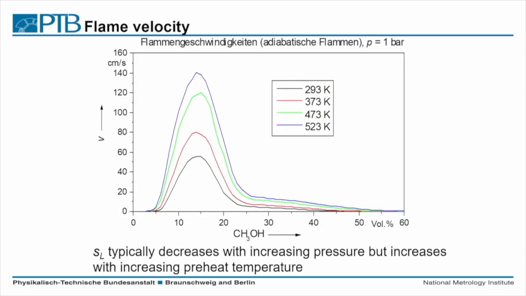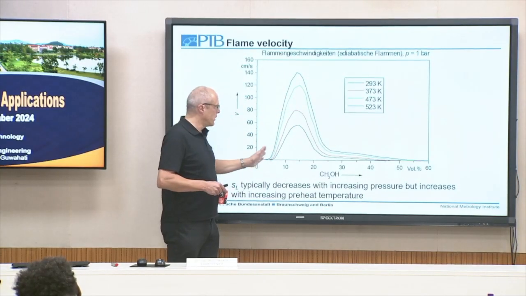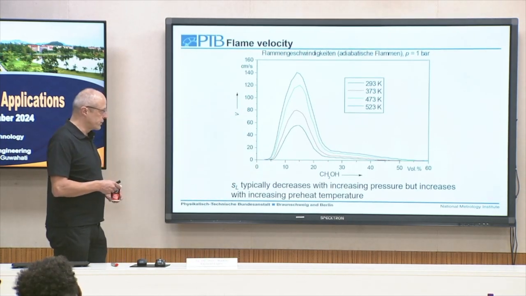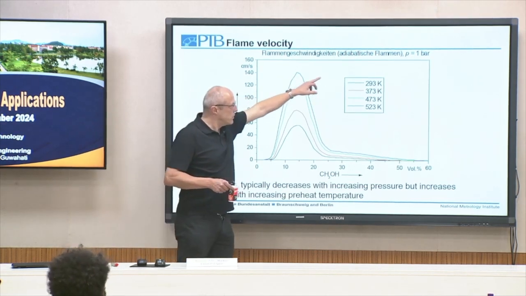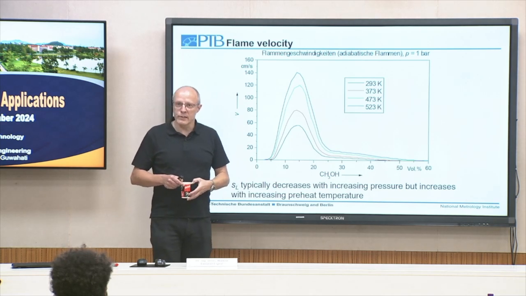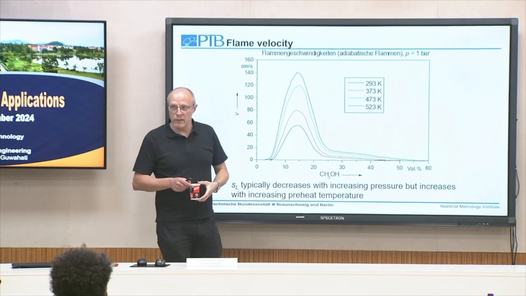And this depends, of course, on the mixture composition, so here it's the amount of methane in air. At the stoichiometric conditions we yield the maximum, and towards leaner and richer mixtures we are going towards zero. Here we see this typical outcome of the Arrhenius dependency: if we increase the temperature, we also increase the flame velocity.